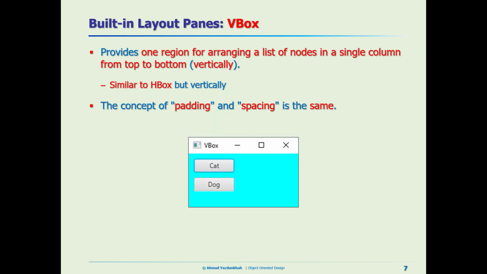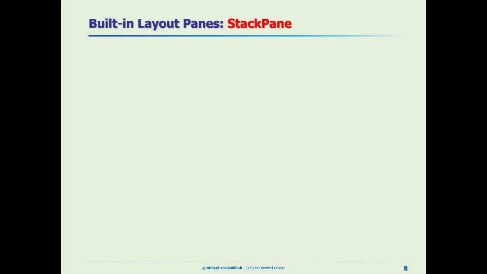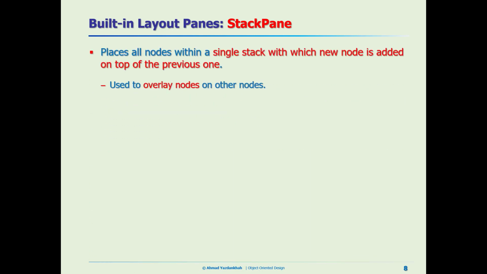Okay, so our next pane is the StackPane. This is one of those interesting ones. We use this layout pane when we want to stack some of the nodes over each other, right? So we overlay the nodes on each other.